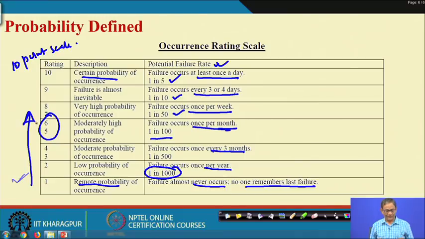If you think it is on the higher side, then 6, or you think it may be a little less, give it 5, because it is subjective. So, for a particular failure mode, you first find out the probability of occurrence, it may be 6. So, for failure mode 1, the probability of occurrence is 6, P is 6.